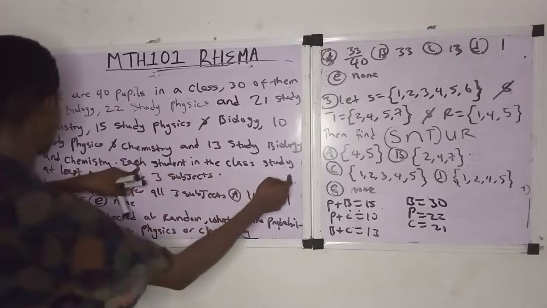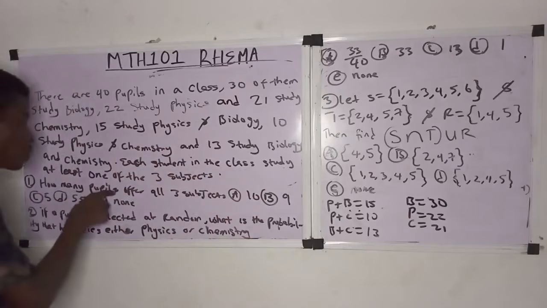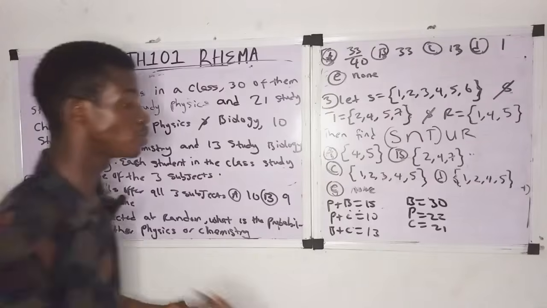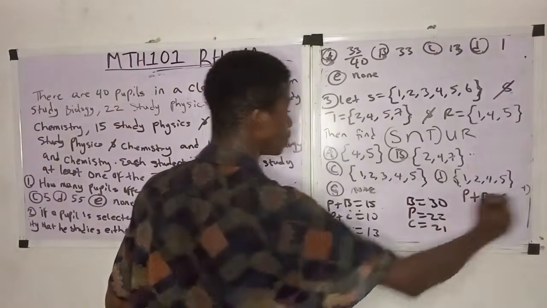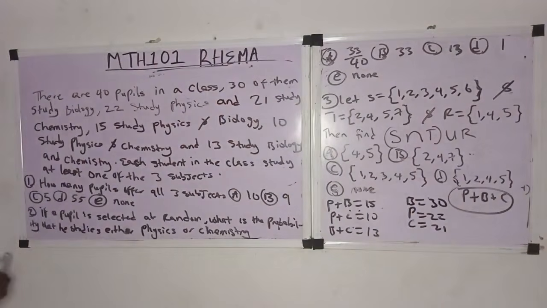Each student in the class studies at least one of the three subjects. How many pupils offer all three? So they are looking for the number of pupils that offer physics, biology, and chemistry, all three. It's very easy.